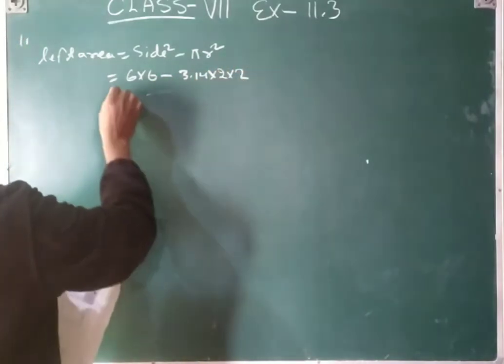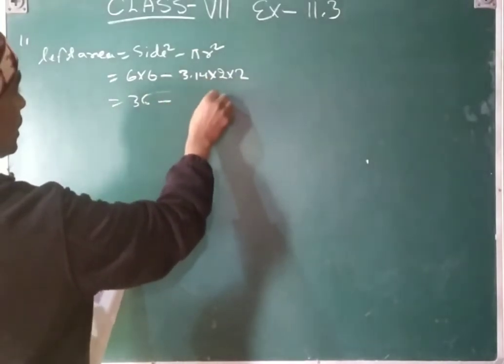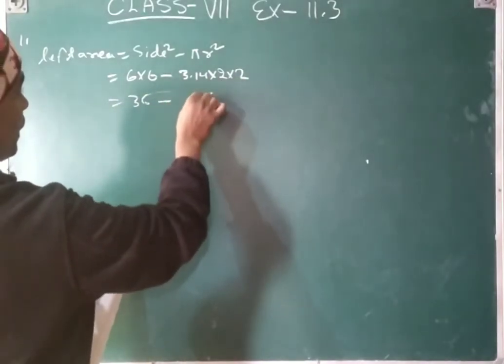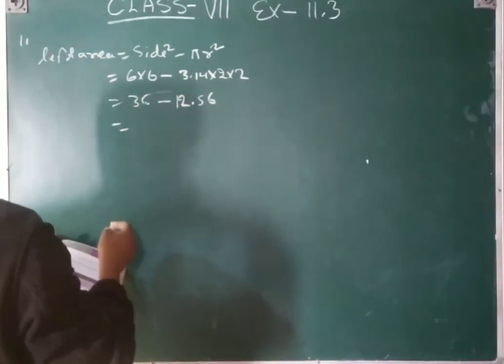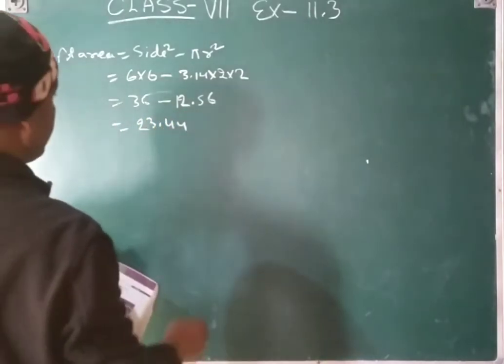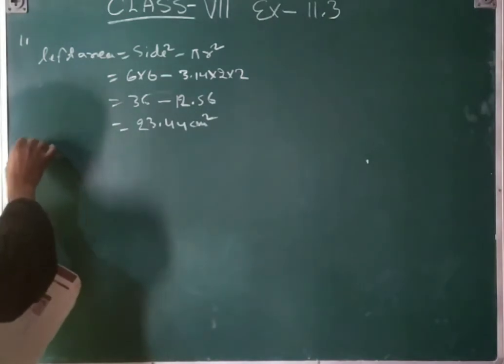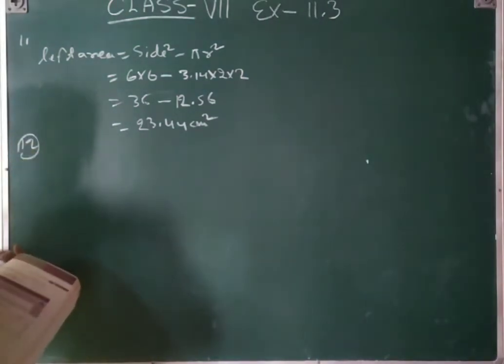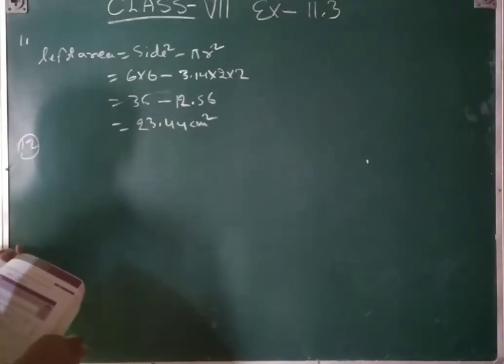So 6 6s are 36 minus 2 2s are 4, 4 4s are 16, 4 1 is 4, 1 5, minus 4 3s are 12. By the subtraction that will be 23.44 centimeter square.